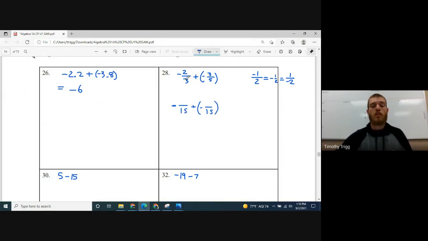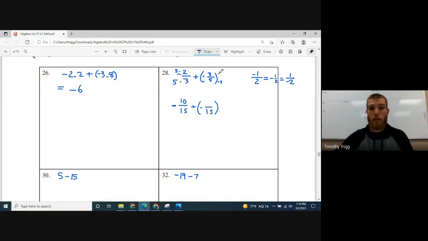Okay, so I'm going to change both my denominators to 15ths. So here it went from thirds. Well, how do I go to 15? Well, I multiply by 5. If I multiply the denominator by 5, you have to multiply the numerator similarly by 5. So that's going to be 10. 5 times 2 is 10. Here, to get to 15, we multiply the denominator by 3.